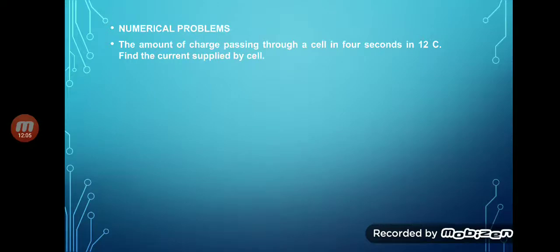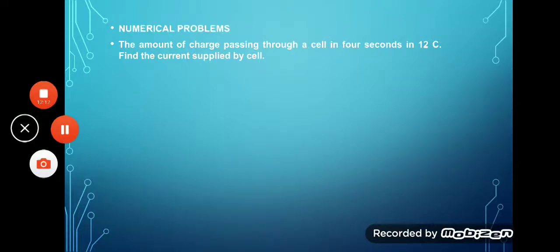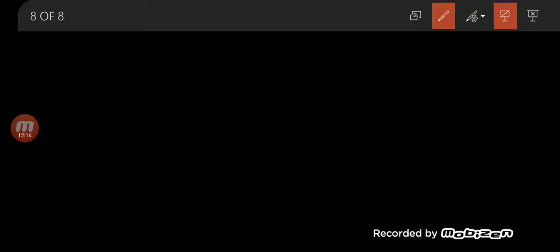Next, there is a numerical problem. To understand these numerical problems, just know these three things. Just remember this triangle. Here is I, which is electric current. Here we have Q, which is the number of charges. And here we have T, which is time in seconds. Just understand these three equations.